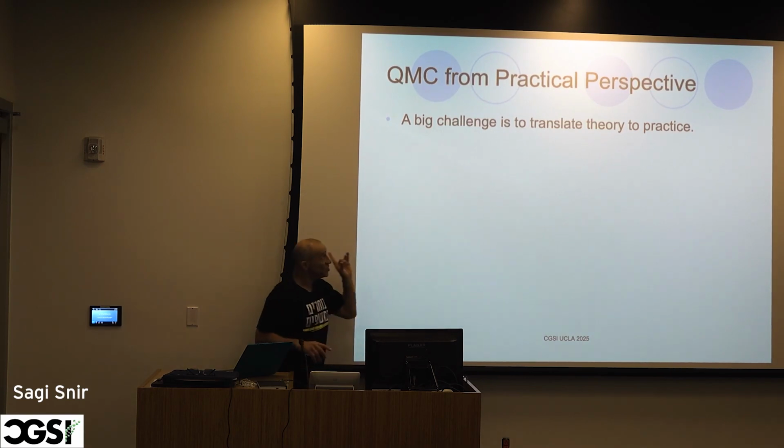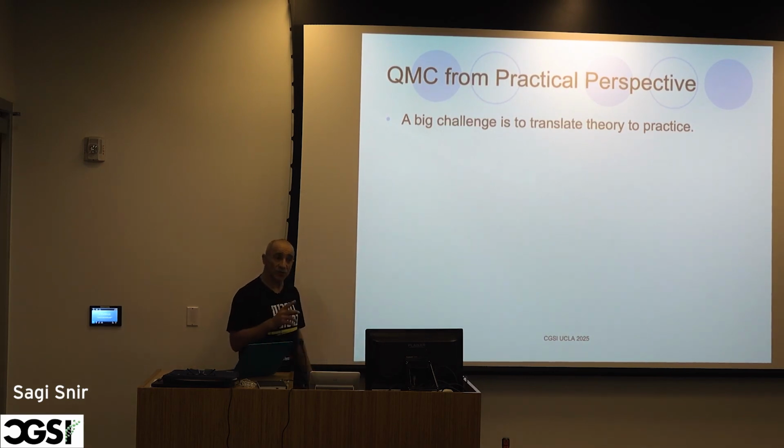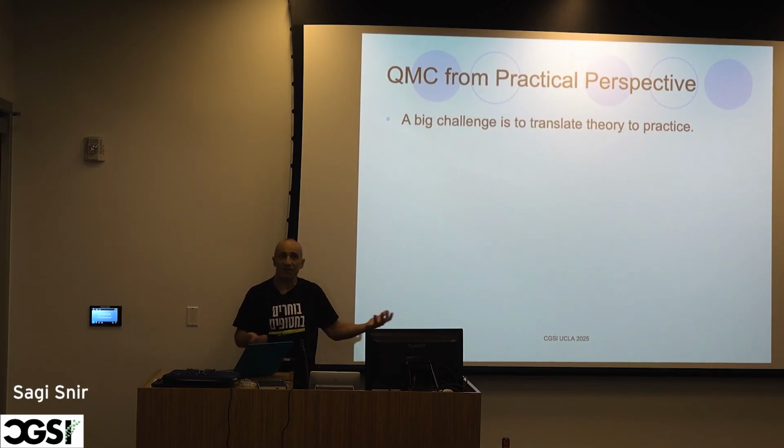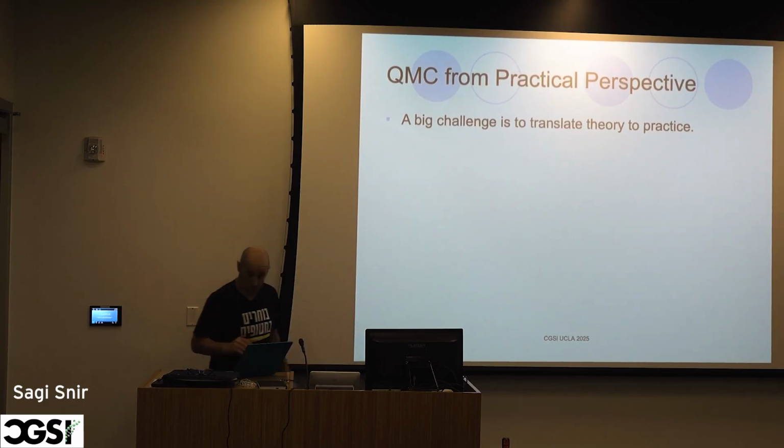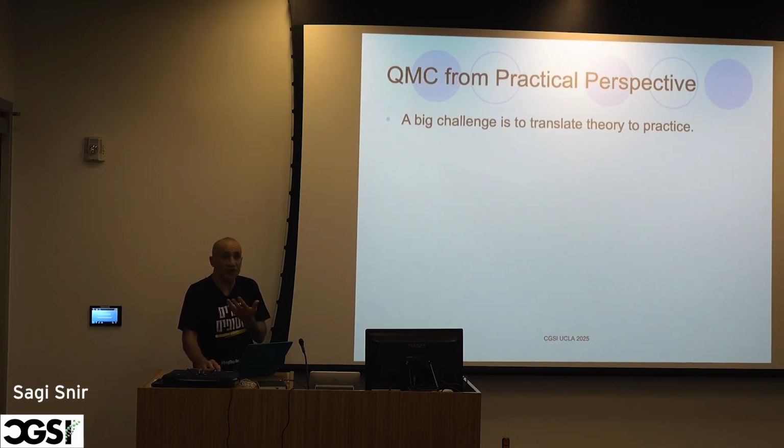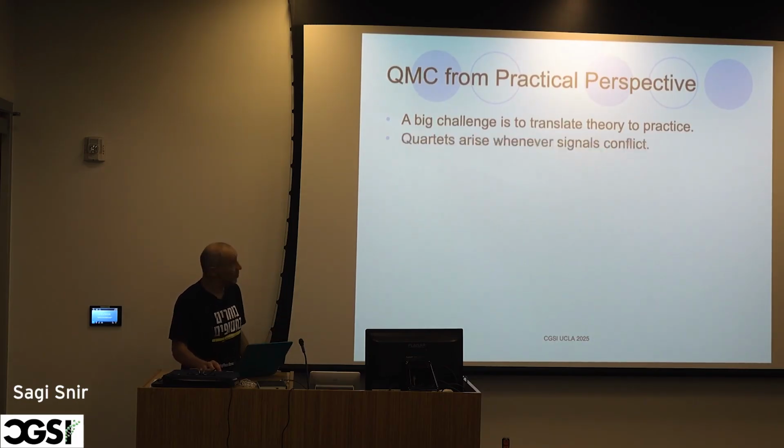A challenge is to translate all this theory, which is not very trivial, into practice. Again, I remind you, it started with toy examples, max cut is NP hard, so how do you really translate that to some software and show that something works here.